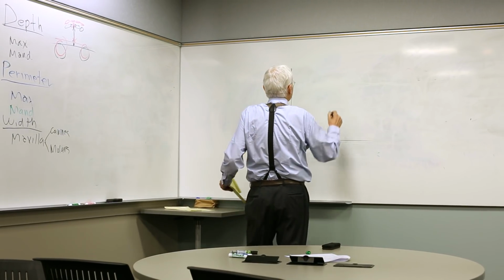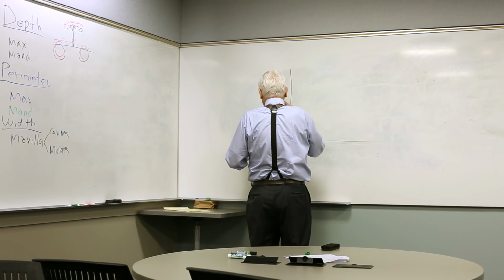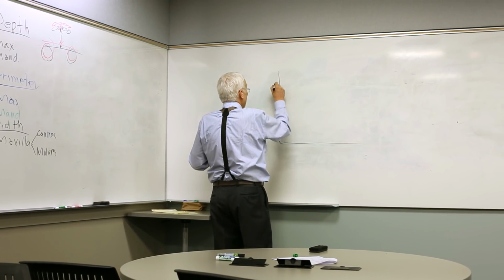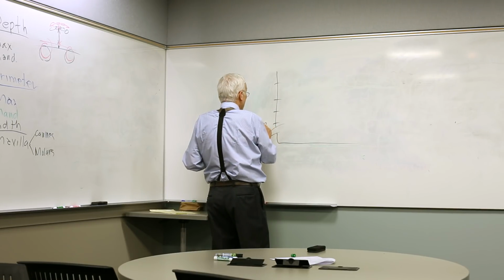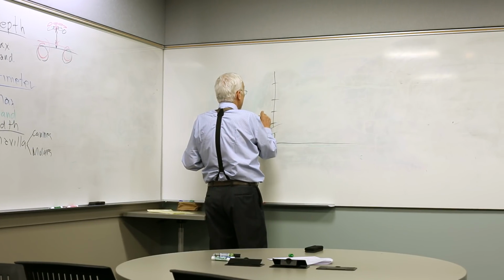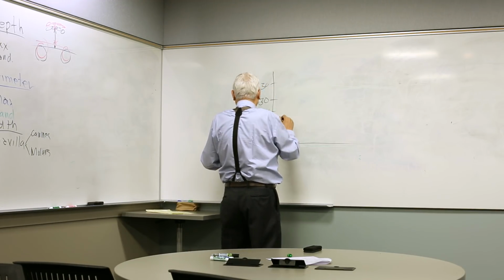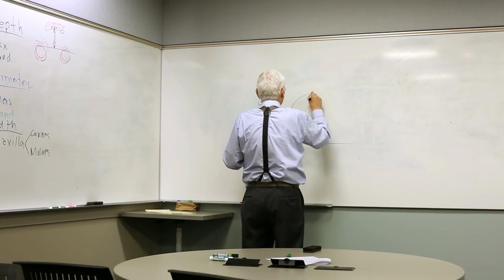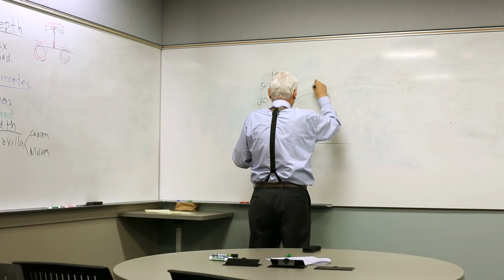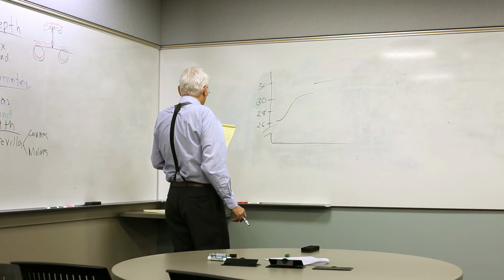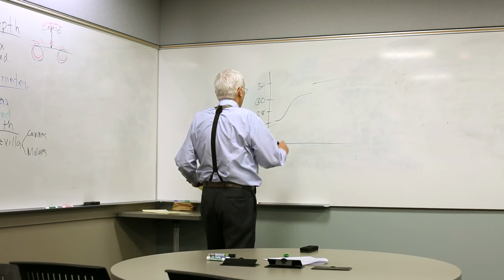This is going to be inner canine width, and 26, 28, 30. And let's see, I got that about 4 or 5.